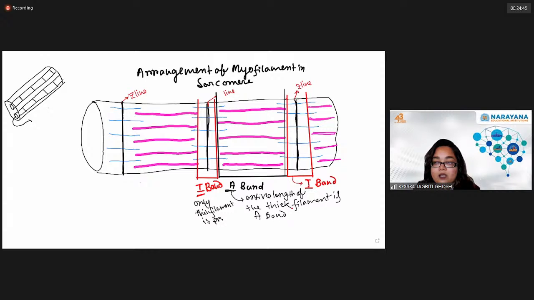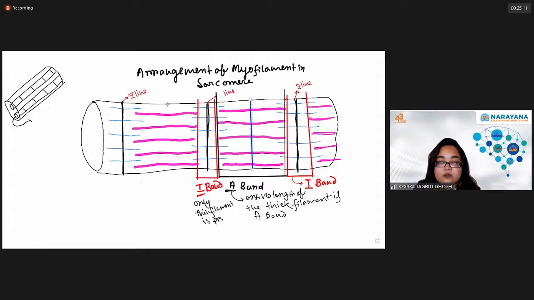Similarly, there is another point, which is the middle point of the myosin filaments. Suppose the entire length is from here to here. In the middle part of that, there will be another line.